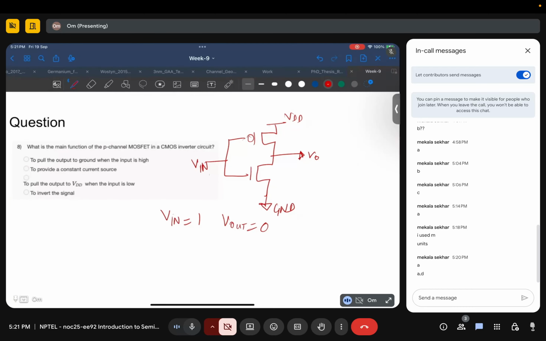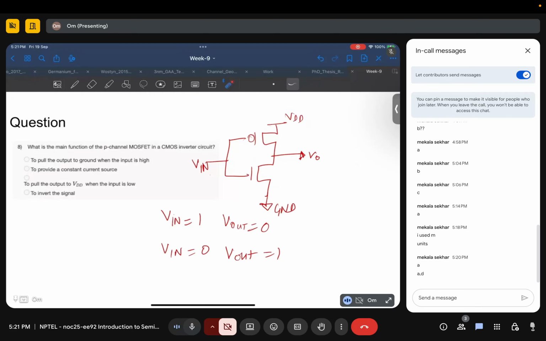When Vin is 0, Vout will be 1. So when Vin is 0, NMOS will be off, PMOS will be on, and this path will be shorted. So this VDD will be connected to output.